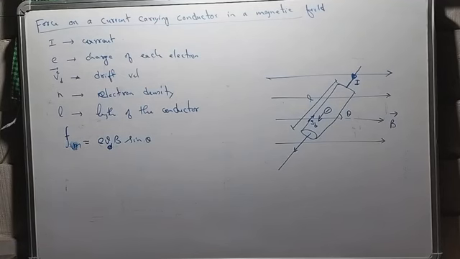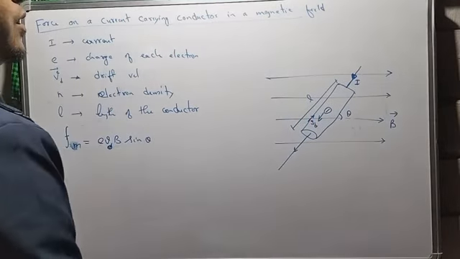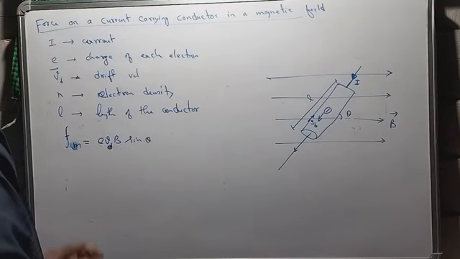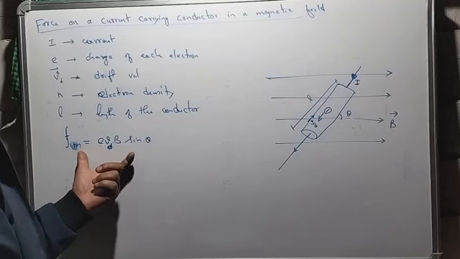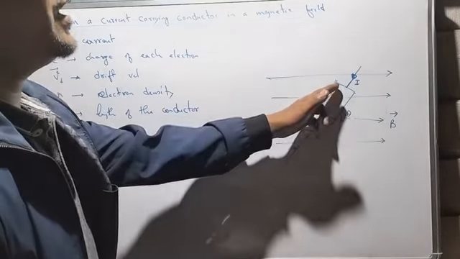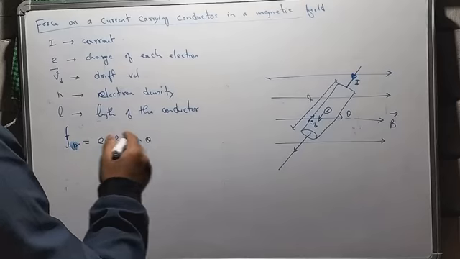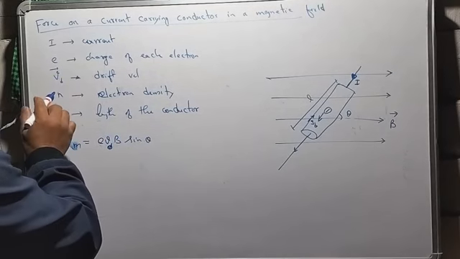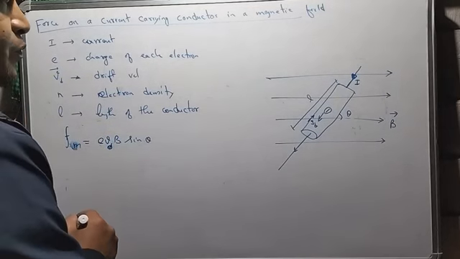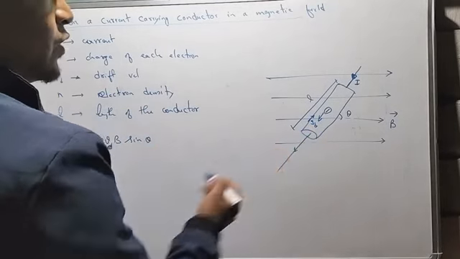Now, what will be the net force acting over the entire length of the conductor? If the force on each electron is this much, how many electrons are present over the entire length of the conductor? We imagined that n is the electron density, the number of electrons per unit volume.